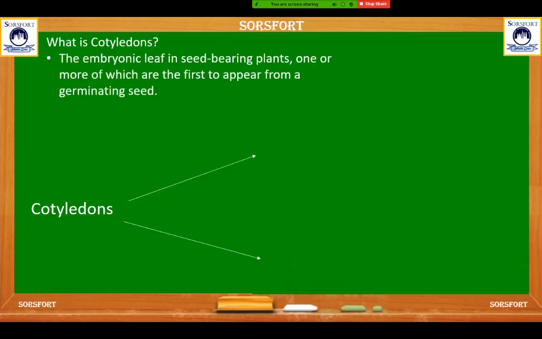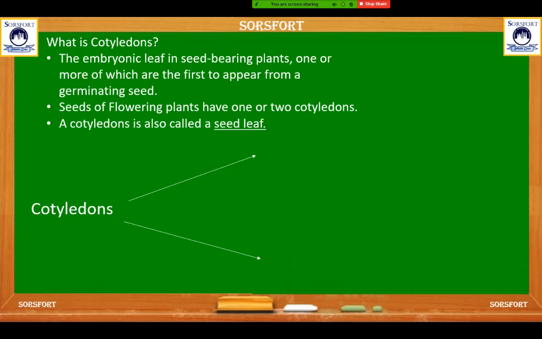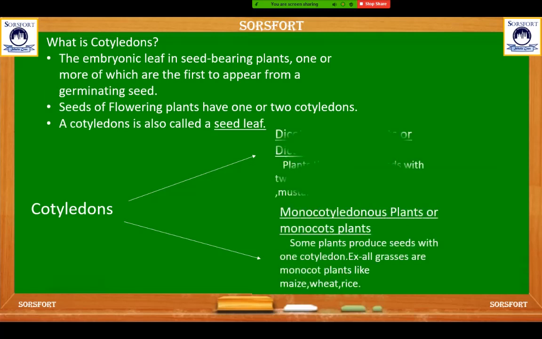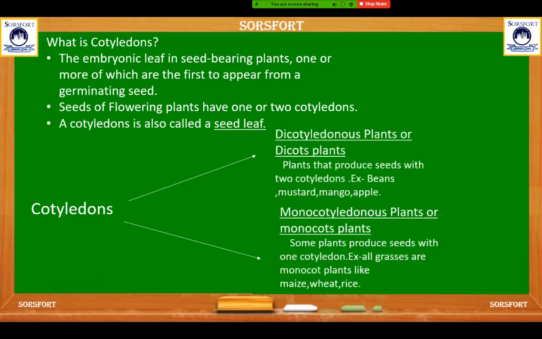Come to what cotyledons are. What do you mean by cotyledons? It's very easy. The embryonic leaf in seed-bearing plants, one or more of which are the first to appear from a germinating seed, is called a cotyledon.